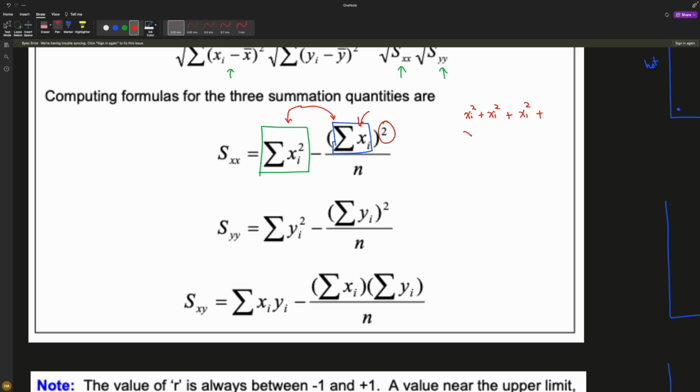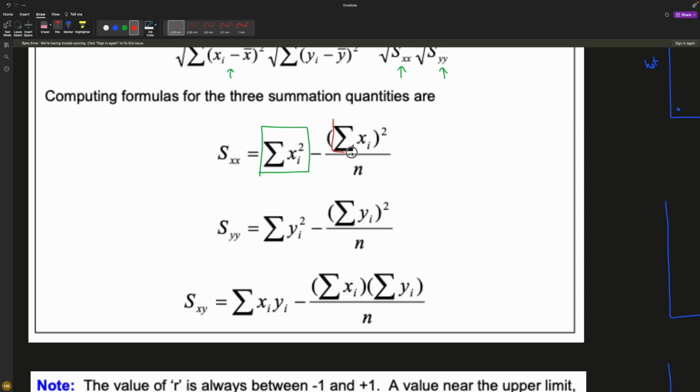This one, however, is just x_i plus x_i plus. And then you apply the square to this whole thing. Whatever the whole addition is, then you square that. So these are two different things. That's what you gotta pay attention to, is that these two parts are different.